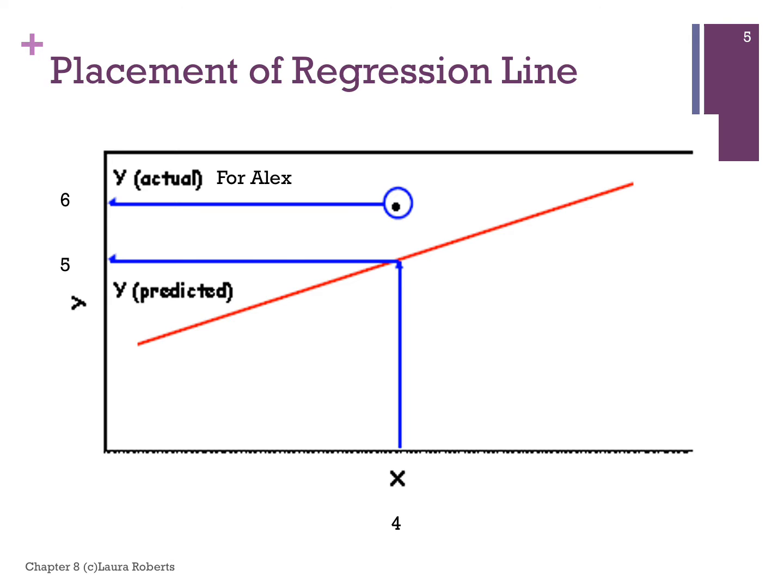The value of y that lives directly on the regression line is our best prediction of the y value that corresponds for a person with a particular x value. But it's not the only possible value of y for a given value of x. So think back to our lessons on scatter plots. Recall that if x equals 4, it's feasible that all the people who had an x of 4 could have a y of many different values.